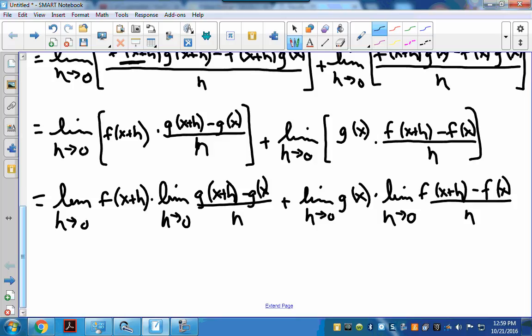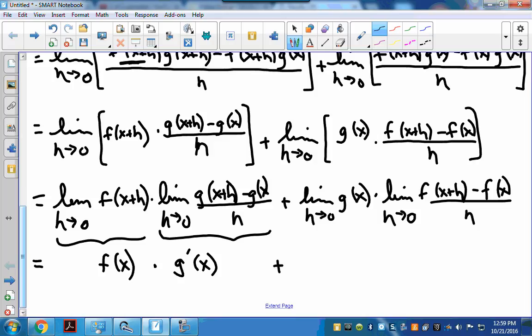Okay. Now, let's clean these up a little bit. H is my variable in this first factor. So if h goes to 0, this simply becomes f of x. By definition, again, look at the definition of a derivative. This is g prime of x. Now notice that h is the thing that's changing, but this expression does not have an h in it.